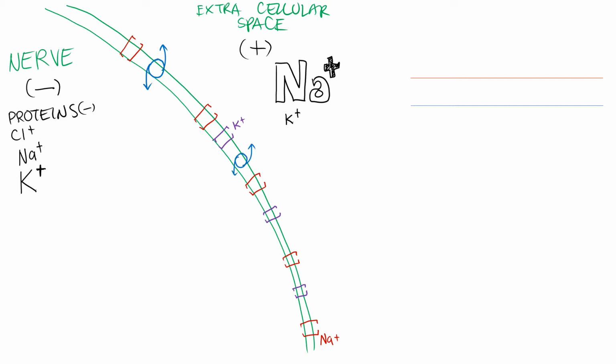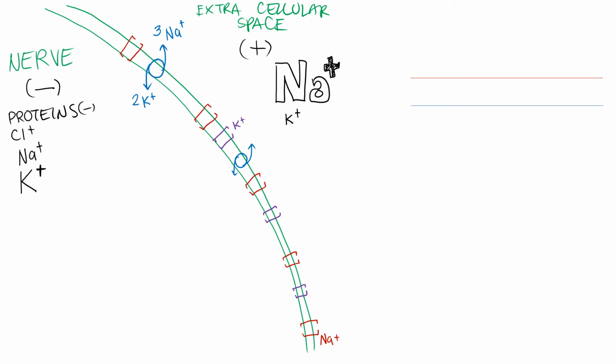Your sodium potassium pump is an active transport. It needs energy, and what it does is it brings back potassium and puts out sodium. It spits out 3 sodium ions and spits in 2 potassium ions.